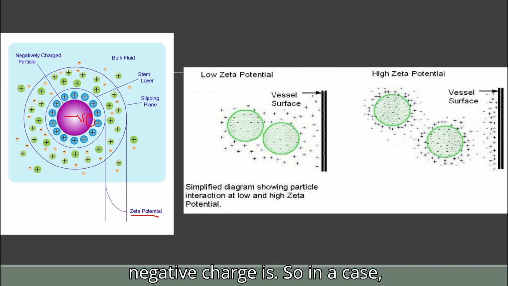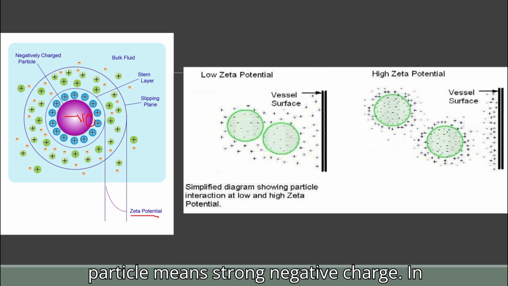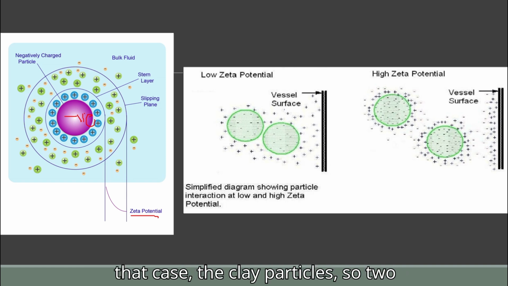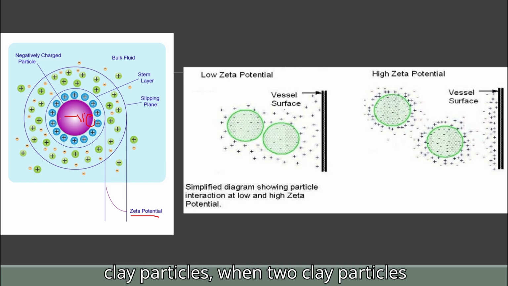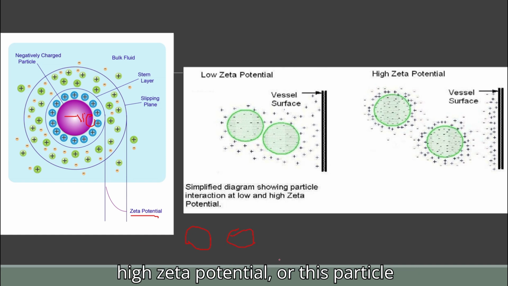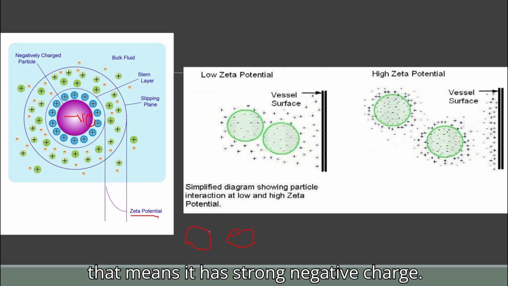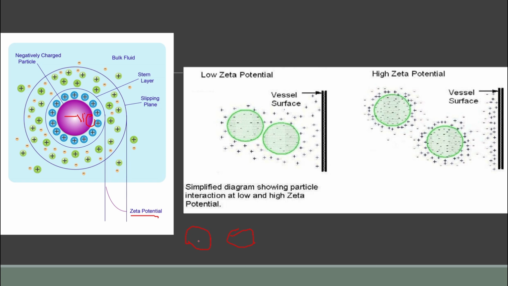Suppose a clay particle has high zeta potential, which means a strong negative charge. When two clay particles are present and both have high zeta potential, that means they have a strong negative charge and will repel each other.